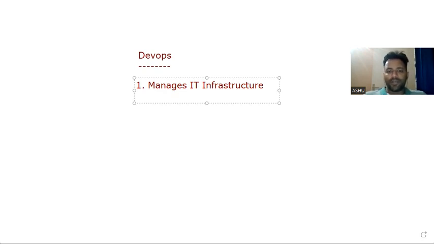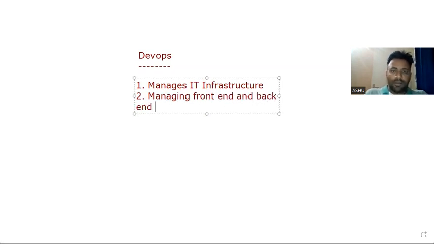at various component levels. At the same time, second is managing the front end and back end, and used to working in a frequently changing environment.